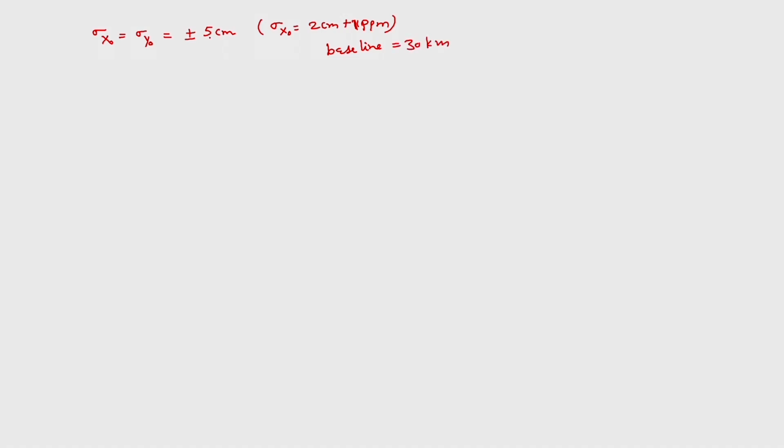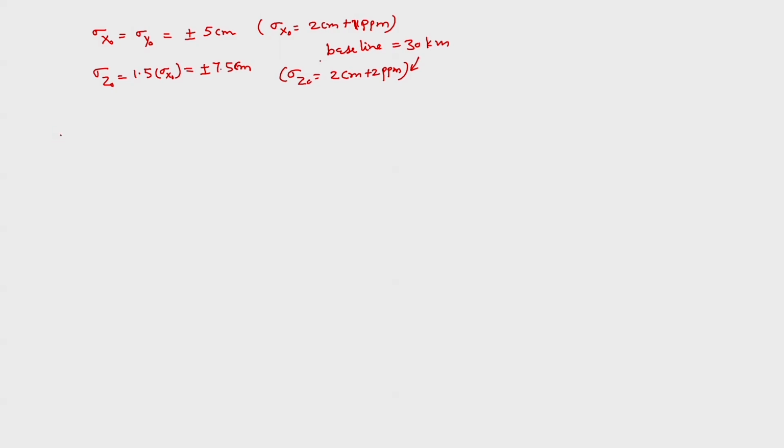So, if you calculate, you will get this value. What about the sigma z0? It is 1.5 times sigma x0 or y0. So, it is 7.5 centimeters. And now you can see sigma z0 is generally given by 2 centimeter plus 2 ppm. You can also calculate this value.